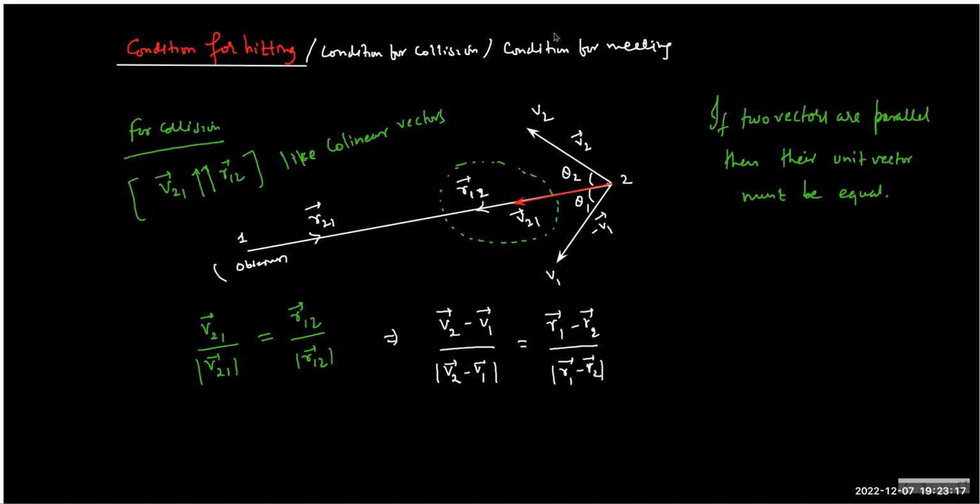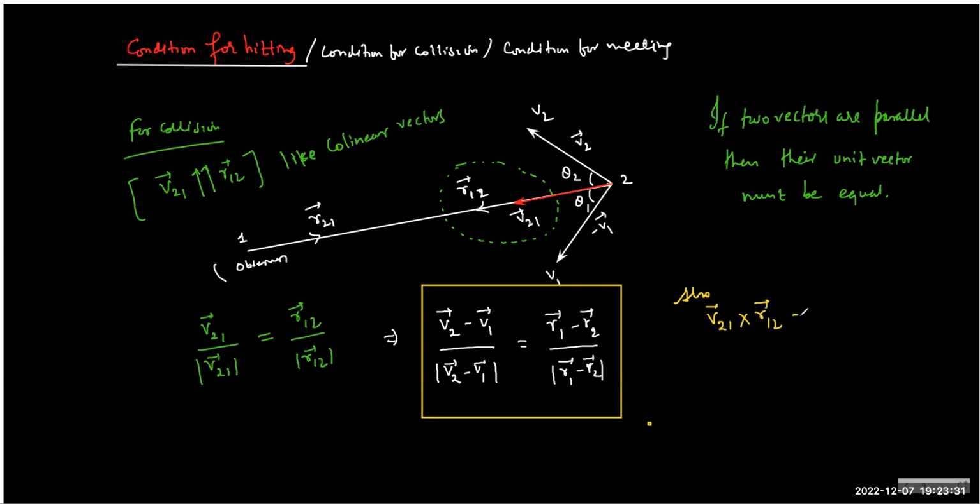Is it clear? And the other thing which you said is also correct, the cross product. V21 cross R12 must be a null vector. Is it clear?